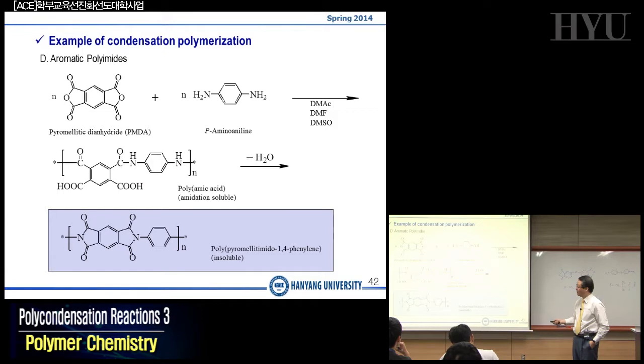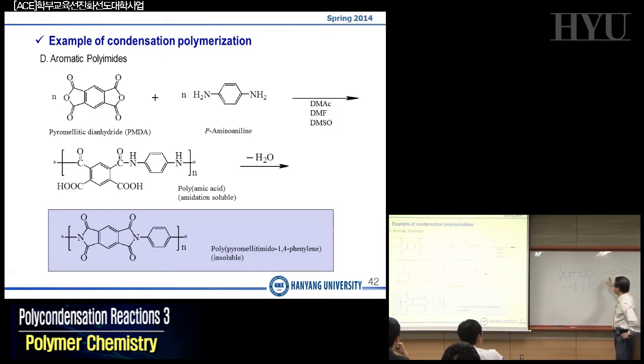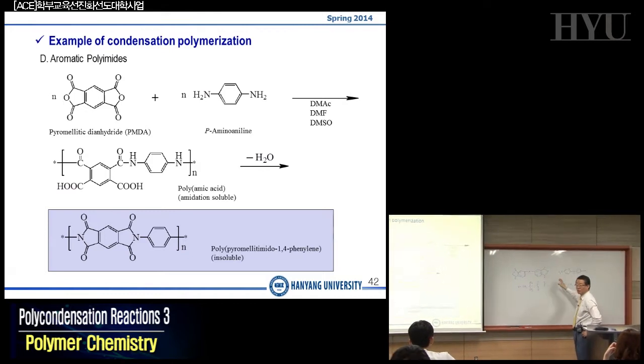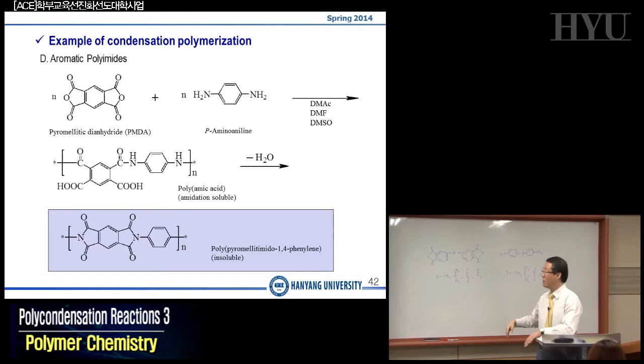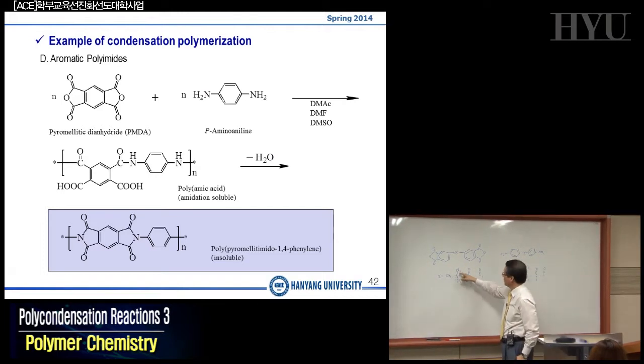So soluble polyimide can be produced from different combinations of this polyimide structure. You can make a soluble polyimide by adding a 6F group here and a 6F group here to make this polyimide, or ketones or sulfones.